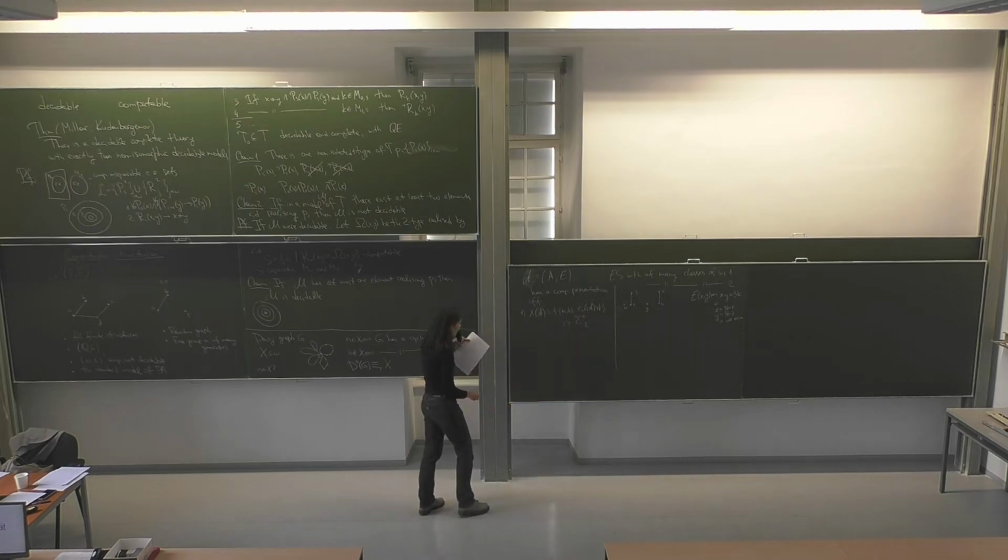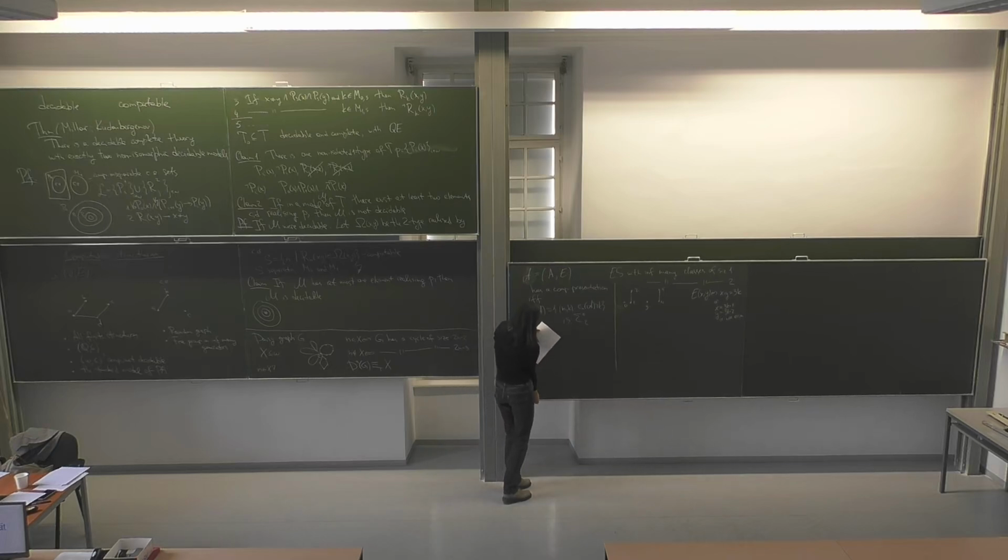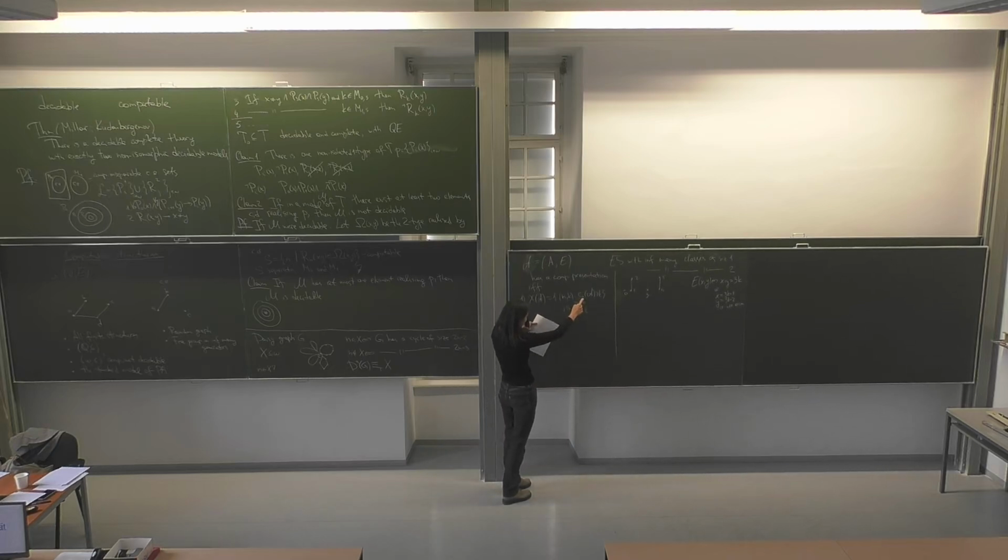So it's not too complicated. So this means the set of equivalence classes of size n, and so the number of classes of size n is at most k, where k is a natural number.